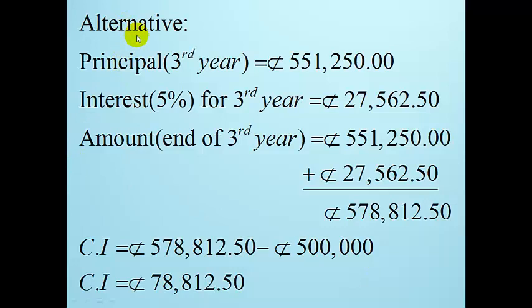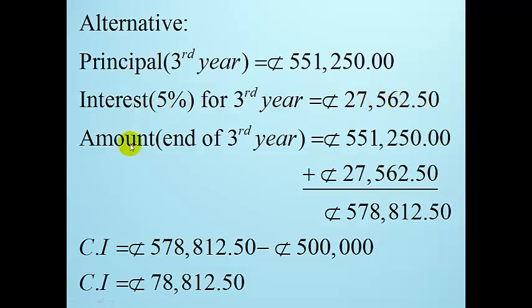Now let's look at the alternative approach of solving the same problem. Don't forget that from our calculation, the principal we had for the third year was 551,250 cedis. And the interest, the 5% interest for the third year gave us 27,562 cedis, 50 pesos.